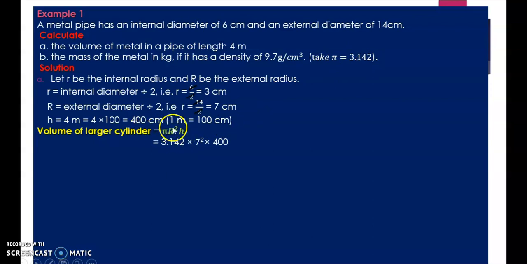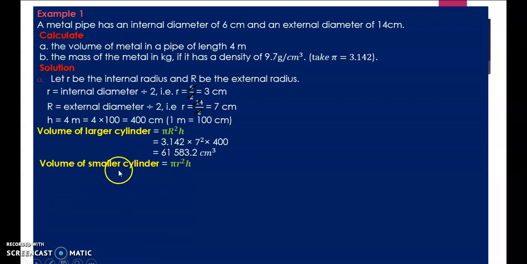Substituting all this into the formula, we are going to have 3.142 times 7 square times 400. By multiplying all this together, we are going to have the volume of the larger cylinder as 61,583.2 centimeter cube.